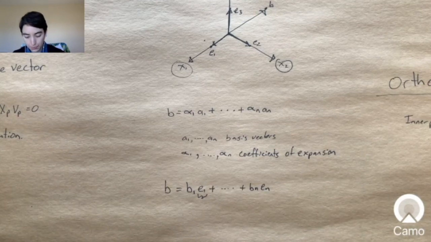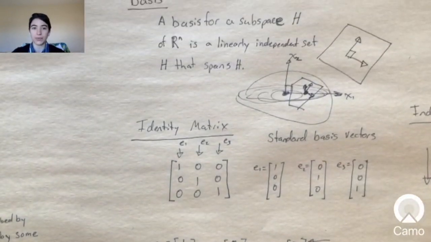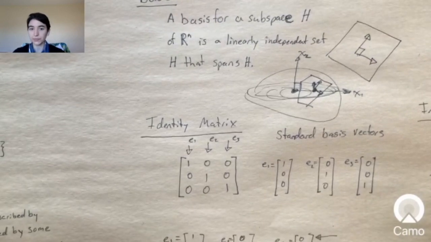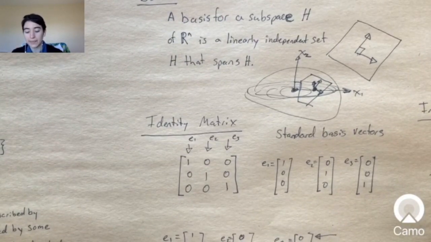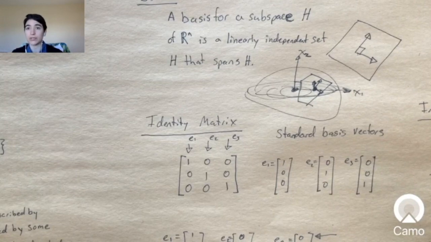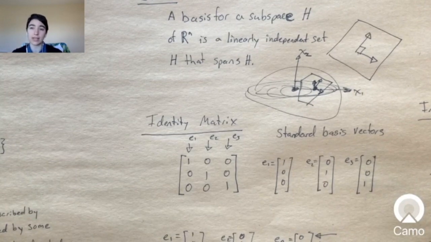Example 2. As I was talking about earlier with being able to traverse from Dallas to New York using our coordinate system right up here, we can tell using our bases of north and east that there's only one way to get to New York from Dallas using some combination of north and east.